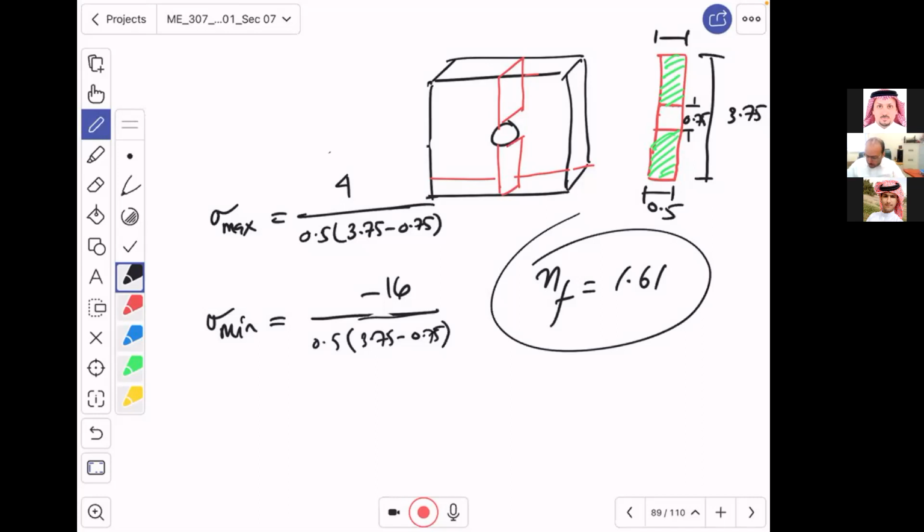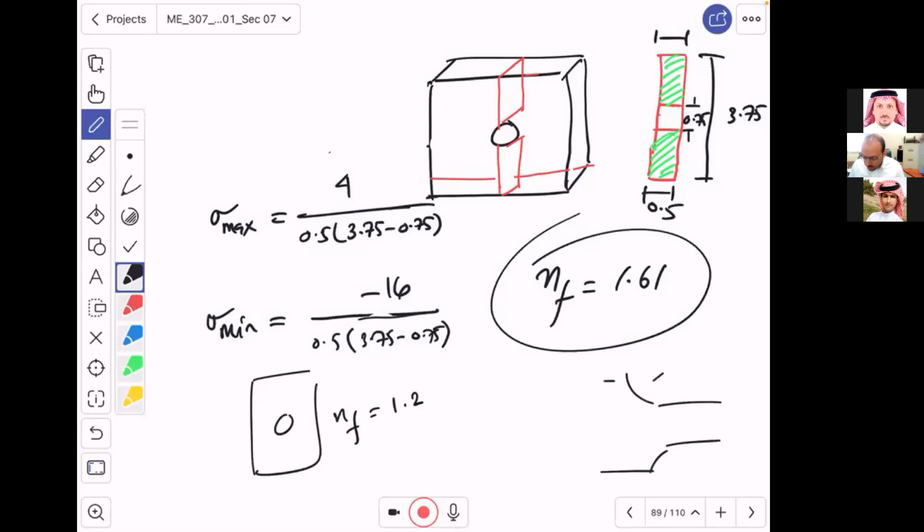But for example, if the hole has a factor of safety of 1.2 and the fillet has a factor of safety of 1.61, then you go to the client and tell him in his ear: okay guys, keep your eye on the hole.